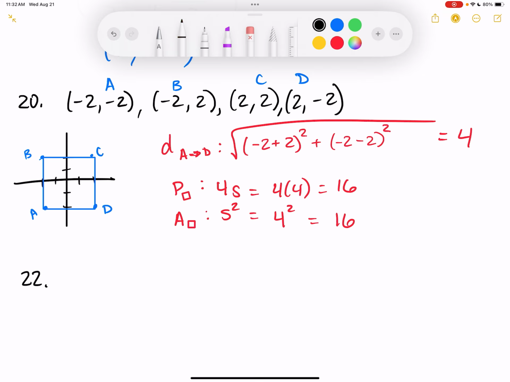Number 22. We have the points (-2, 1), (-2, 6), (4, 6), and (4, 1).